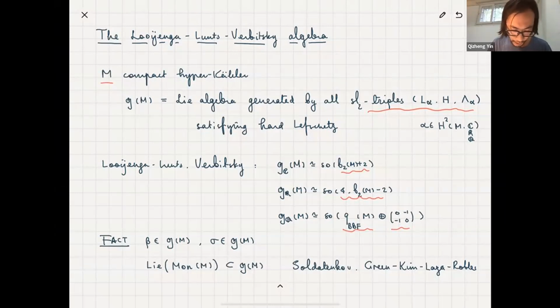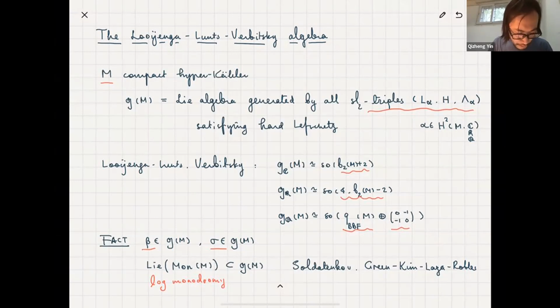And you can find lots of interesting elements inside this Lie algebra. For example, as I already mentioned, beta and sigma are both inside this Lie algebra. Also there's the result of Soldatenkov and Green, Kim, Laza, and Robles, which says that if you consider hyperkähler manifolds and their monodromy, or actually the log monodromy, then the log monodromy also lives inside this Lie algebra, meaning that it acts via this action of the Lie algebra on the entire cohomology.